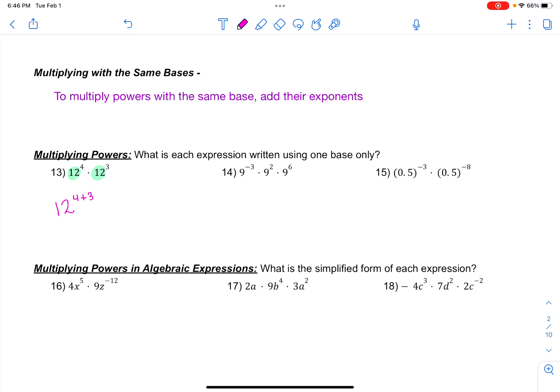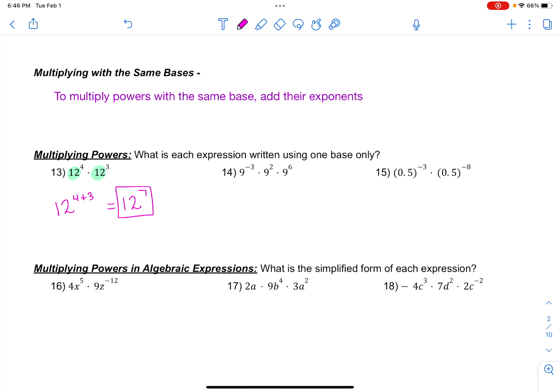You do not do anything with combining those 12s. Since they're the same, you just use 12 as your base again. So don't try to do 12 plus 12 or 12 times 12. You just rewrite 12 as your base, and then you worry about your exponents. So we add those together, and we get 12 to the 7th.